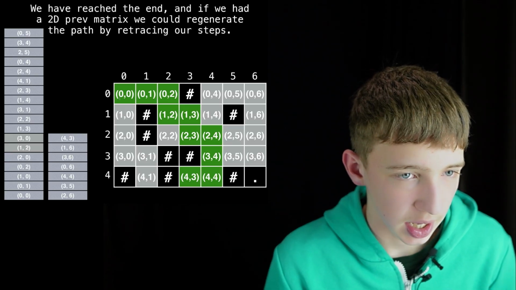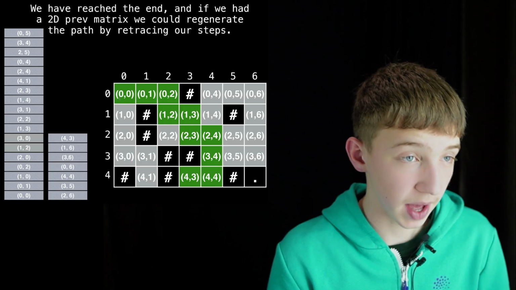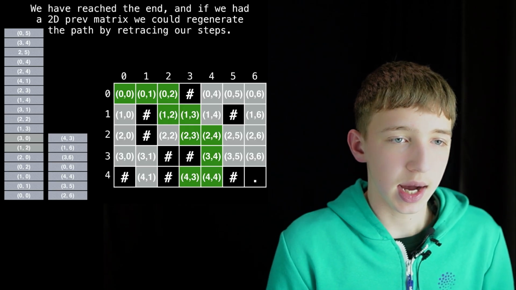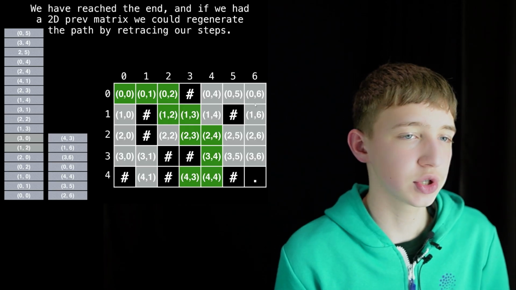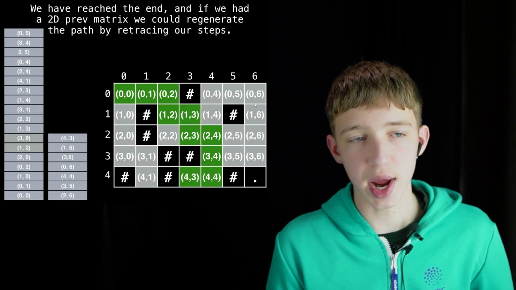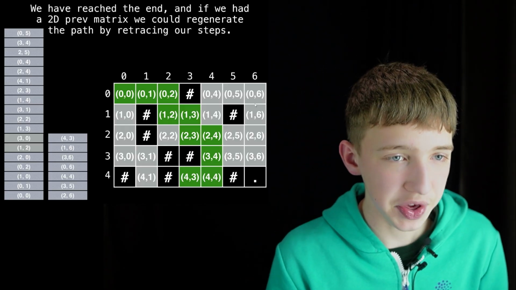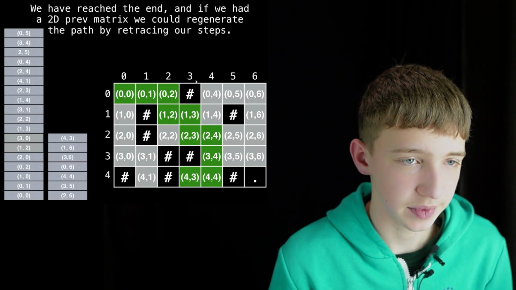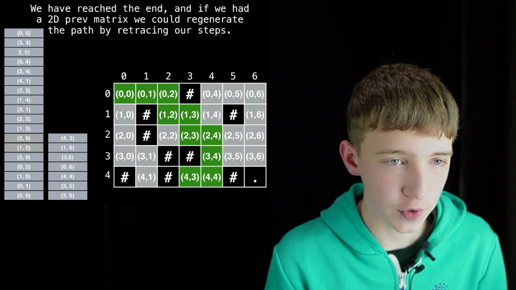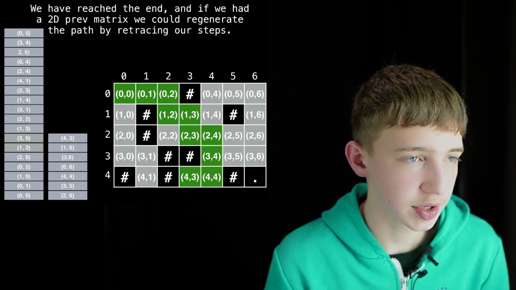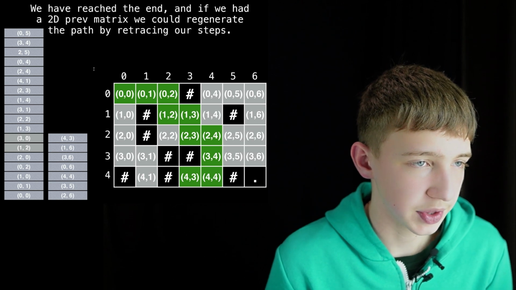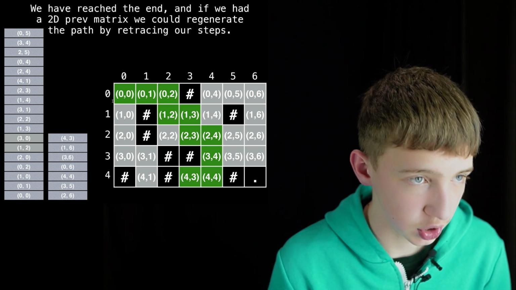As we reached it, we now know the shortest path. If we want to reconstruct the path, we can make a Prev matrix, a 2D Prev matrix, but in this particular situation we do not want to.